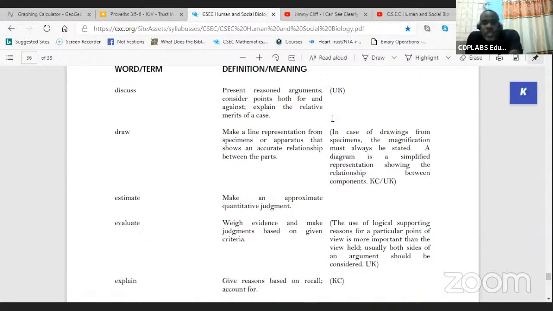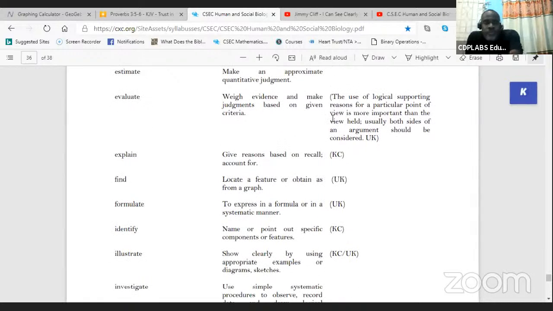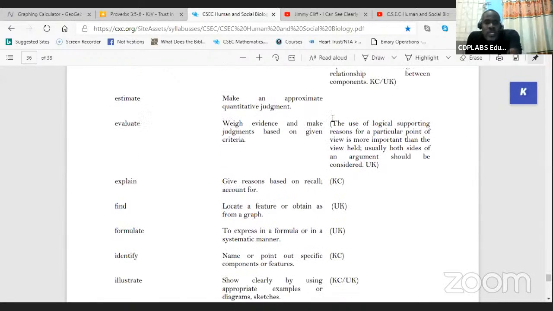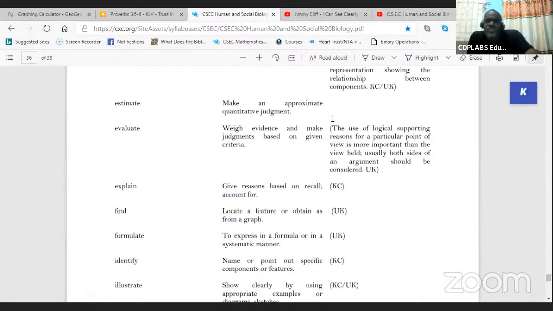Two final things. Explain: give reasons based on recall, or account for. Again, if you give an explanation, you must give an example. Can't say I never gave a warning.